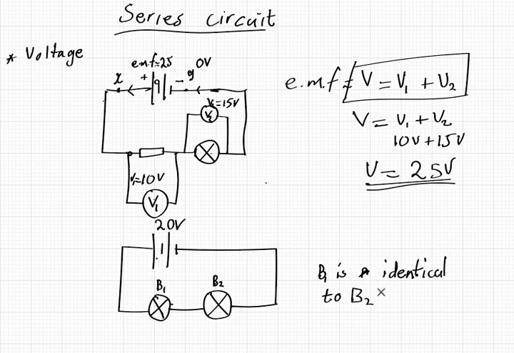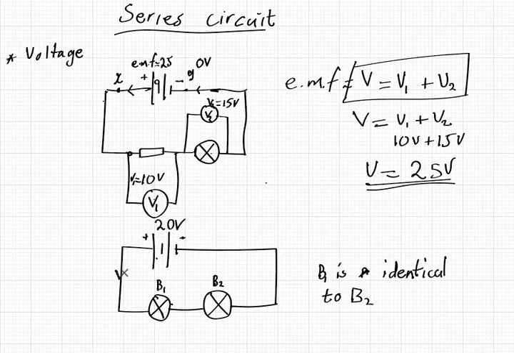So what does it mean? It means for each and every charge leaving the power source with some voltage of 20 volts, it's supposed to divide that voltage equally. Why do we say so?